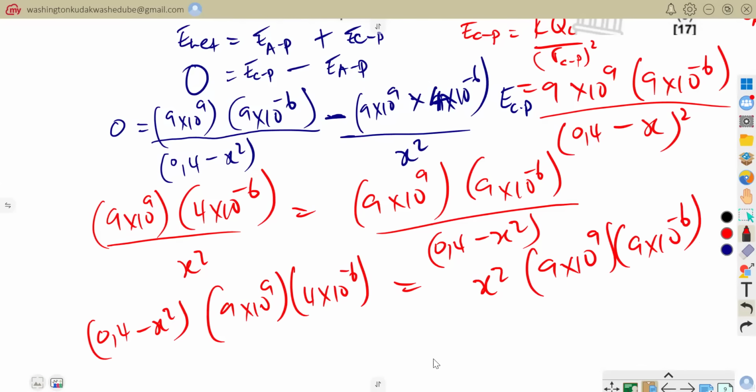4 times 10 power minus 6 equal to x squared times 9 times 10 power 9 bracket 9 times 10 power minus 6. Given that, I will now multiply throughout these brackets, this is one bracket, I multiply with that bracket so that I will make x the subject there.